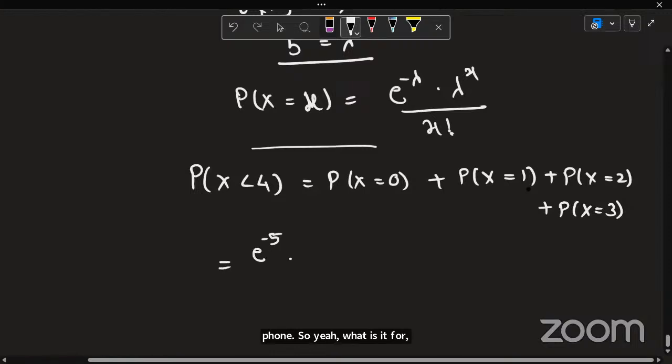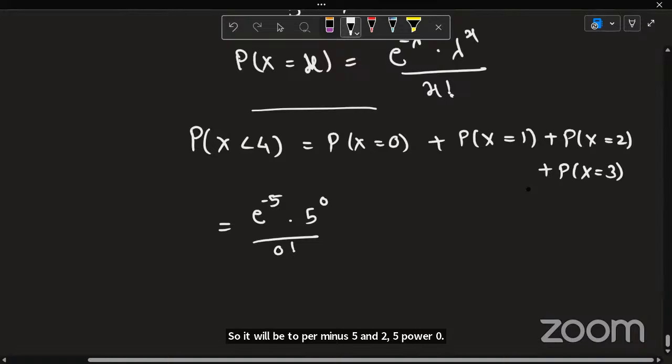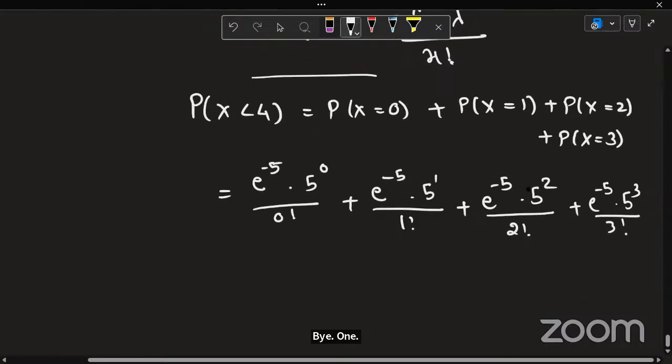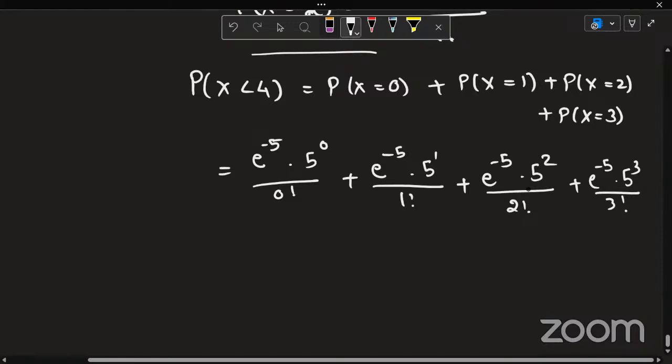So it will be e to the power minus 5 into 5 power 0 divided by 0 factorial, plus e to the power minus 5 into 5 to the power 1 divided by 1 factorial, and so on for 0, 1, 2, and 3, right? That's all. You just calculate it and you will have some value around 0.27.